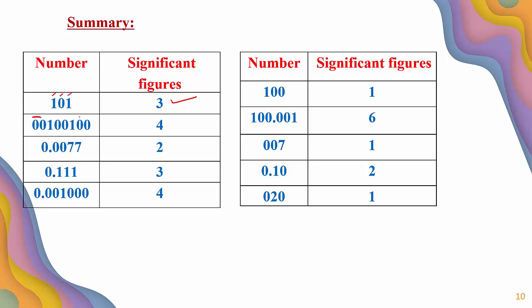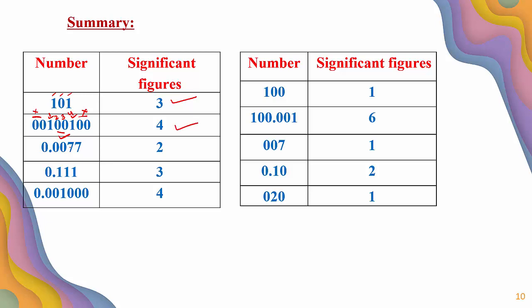So these zeros are not considered because only non-zero digits are significant. But these two zeros we can consider because these are between two non-zero digits. So totally how many digits are there? 1, 2, 3, 4. 4 significant figures.